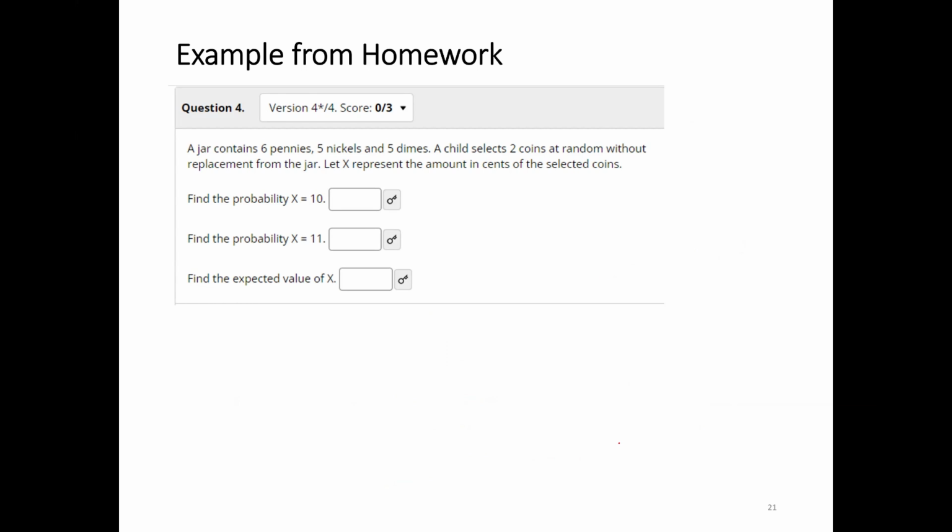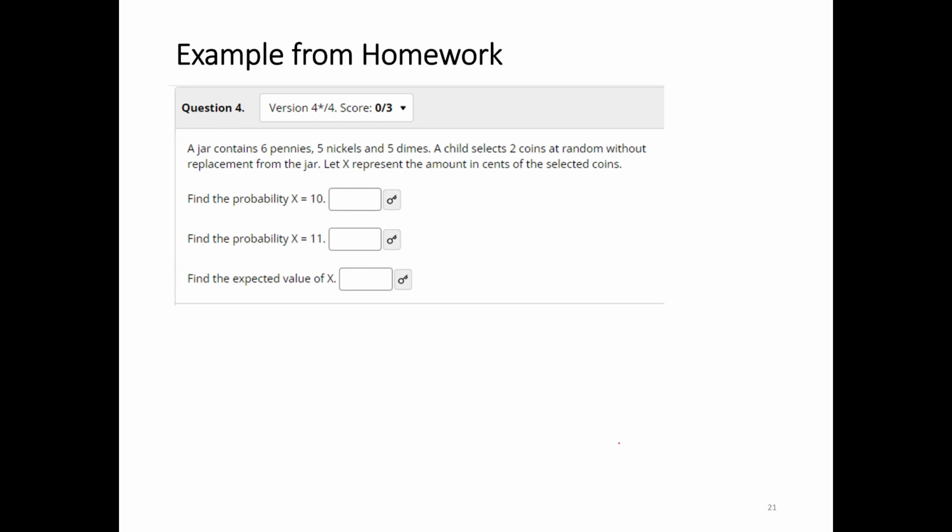This is an example from the homework. And I always get a multitude of questions on this. So I have a pad example that I send to the online class. So when someone asks me about question 4 on the first homework in this chapter, I say, here's an example. A jar contains 6 pennies, 5 nickels, and 5 dimes.